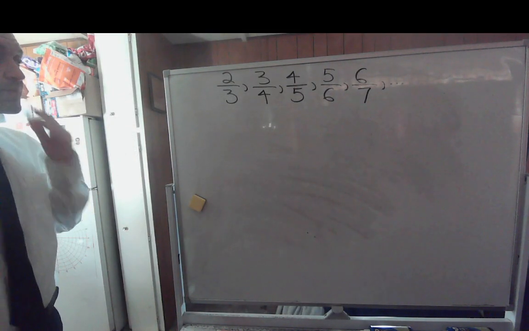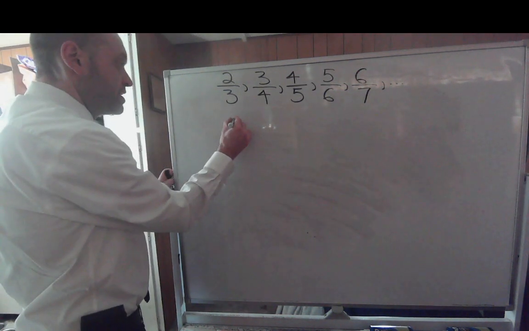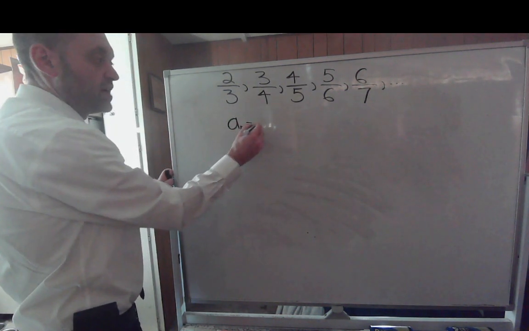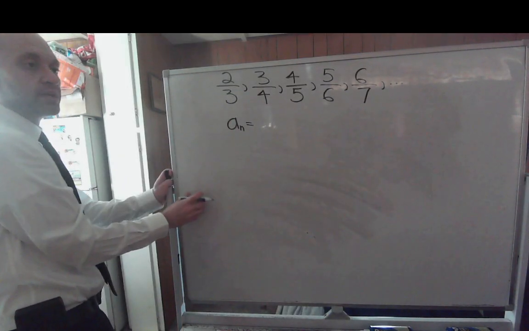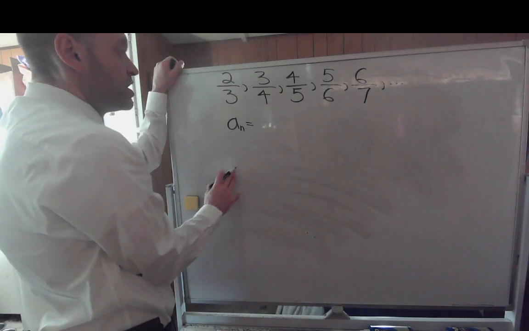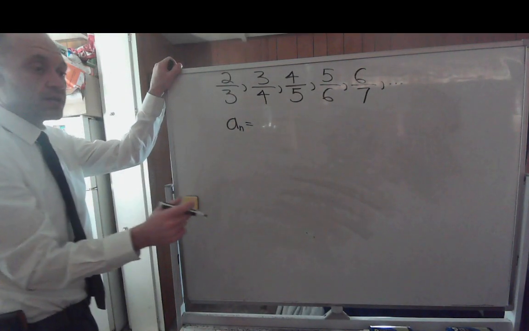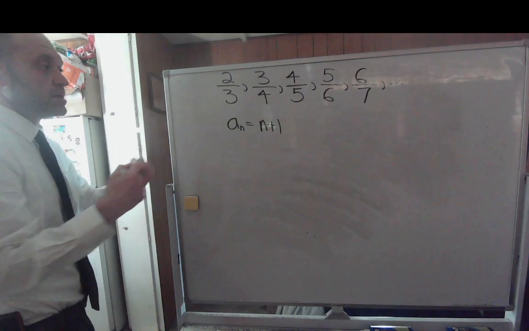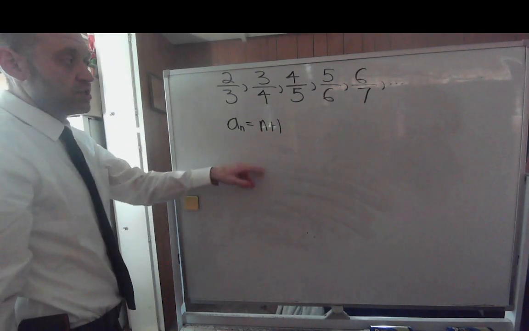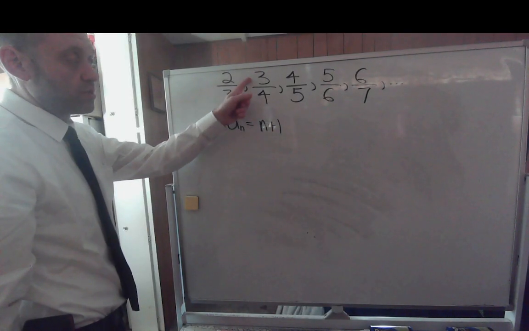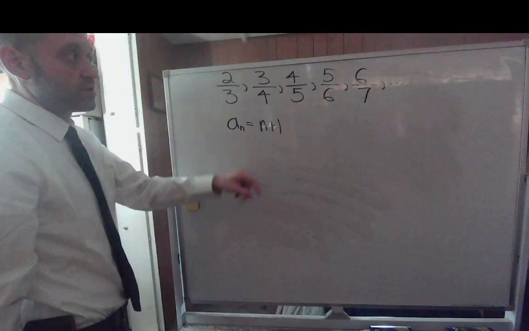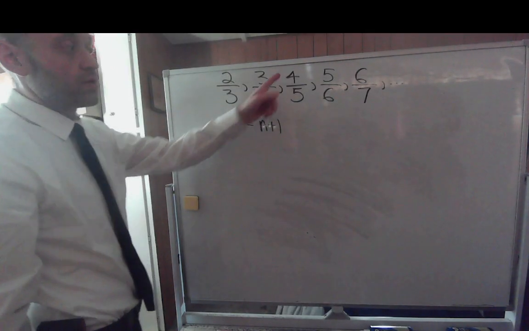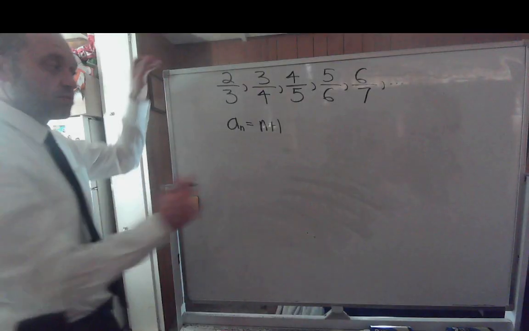Well, definitely start with a sub n. That's how you'll define the explicit formula for a sequence. Your first term is 2, right? If I just take n plus 1 for my numerator, so 1 plus 1 is 2, my second term should be 2 plus 1, which is 3. My third term should be 3 plus 1, which is 4, so the pattern seems to hold for the numerator.